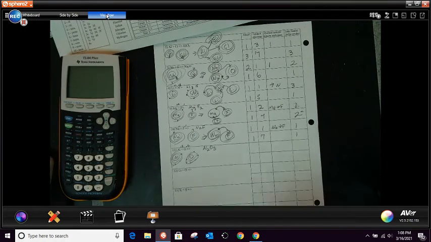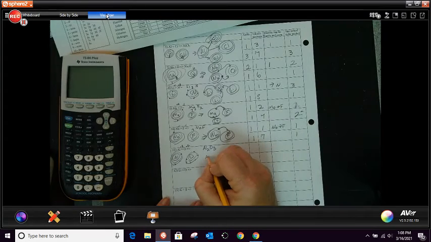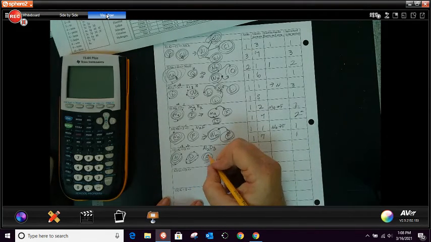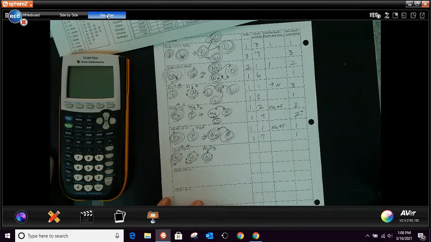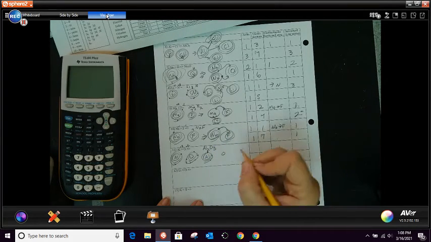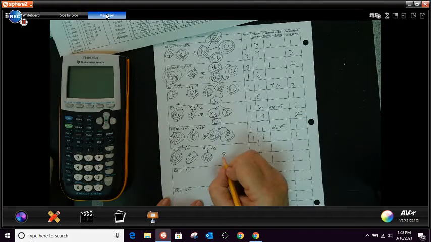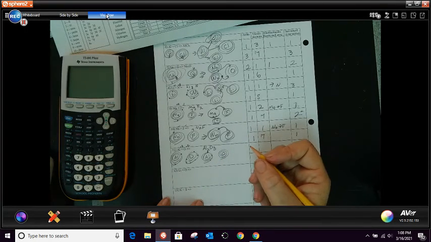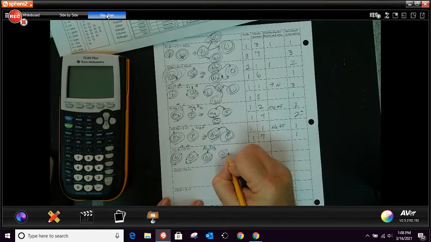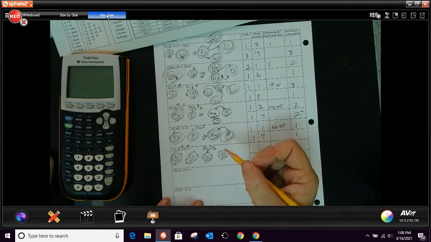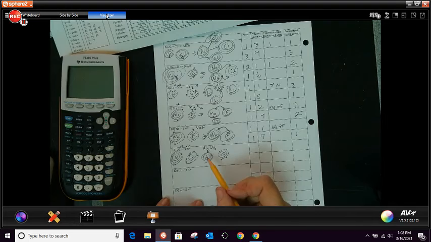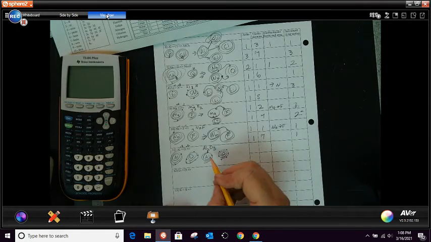To prove that, we're going to do our aluminum. Valence electrons is 3. They have 3 to give away. Oxygen has 2 energy levels, and it has 6. So based on that, how many valence electrons do I have for aluminum? 3, right?